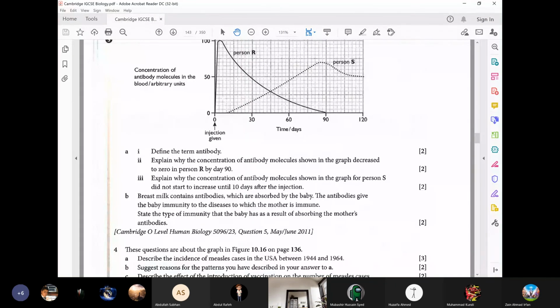And why does it last for only 3 months? There are different reasons. First, one reason can be that the antibodies get used up. Or second reason, these antibodies are proteins, so they get broken down in the body.